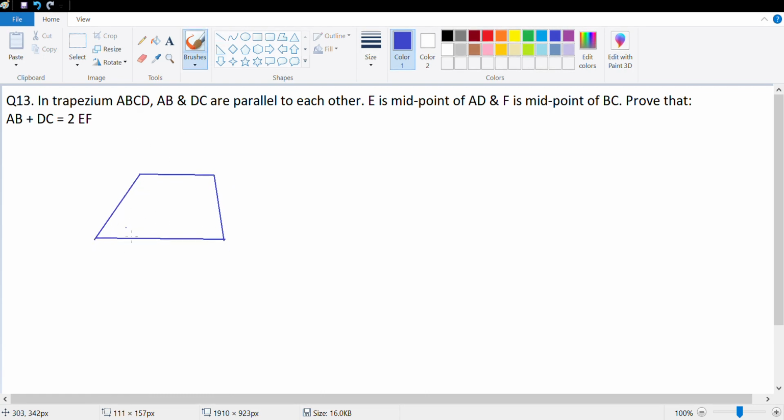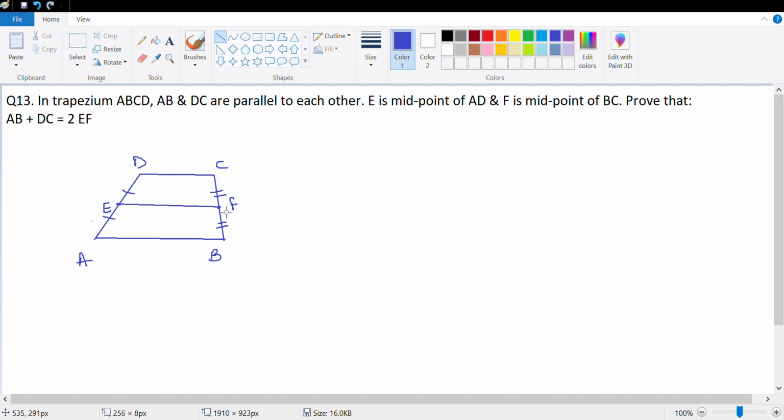This is A, B, C and D. E is given as the midpoint here, and this is point F, which is the midpoint here. Perfect. We need to prove that AB plus CD is equal to 2EF. So then let's join EF as well.